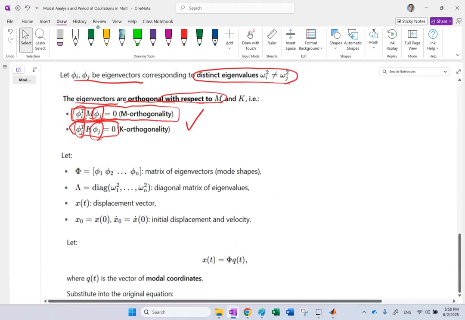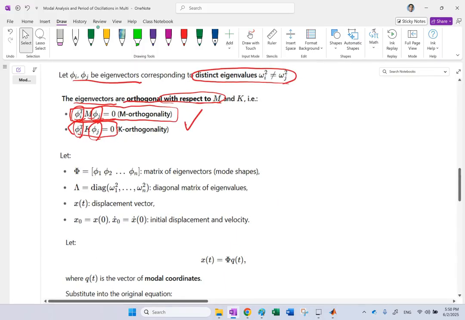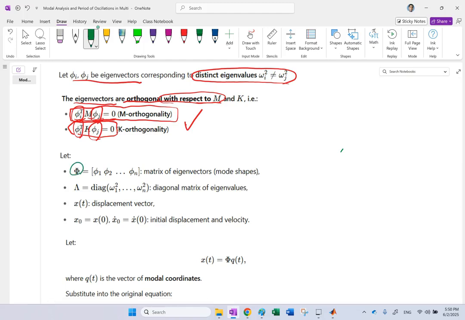So this is the way you do it. Here we have some definitions. So phi here is the modal matrix, the matrix that you put together by putting all the eigenvectors or the mode shapes in a matrix. That's the modal matrix, right? That's phi. I introduced it to you. Lambda is going to be the matrix of the omega squared, right?